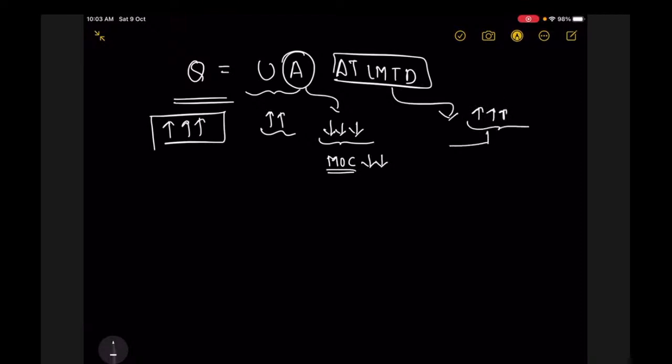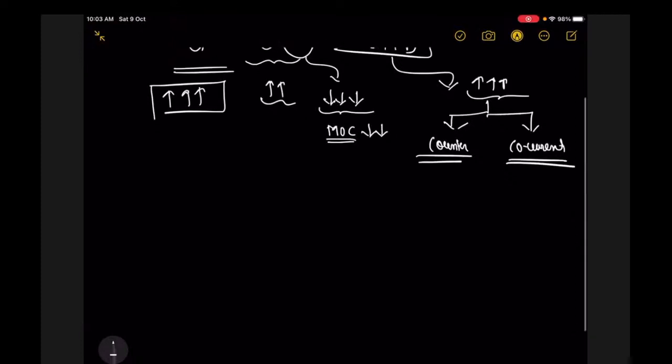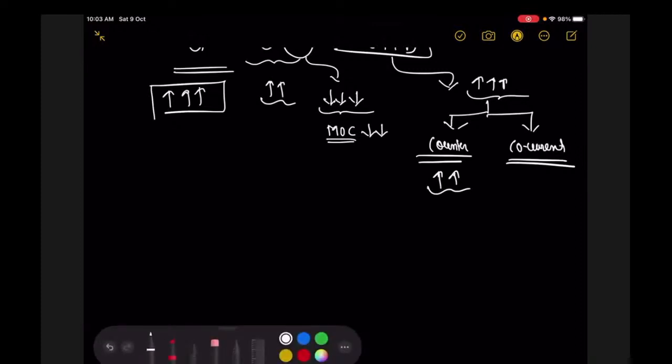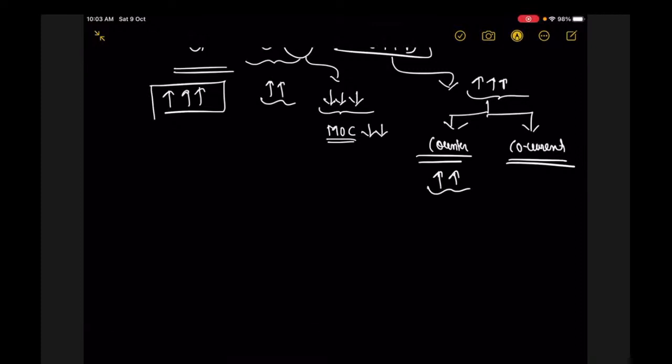Okay, so we have seen we have two options. Either we can go for counter current and co-current. Okay, counter and co-current. So we have seen that counter current is better because in ideal case it can reach up to the maximum temperature in the system. Okay, so these are the things which we have to take care while solving this.